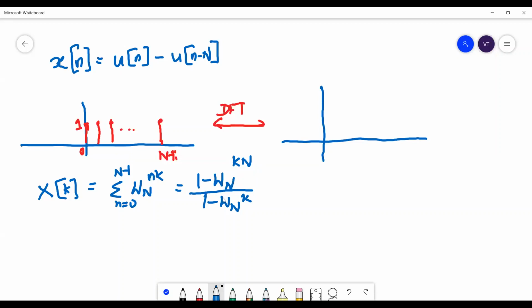Now you need to evaluate this. How will you evaluate this? What is W_N raised to kN?